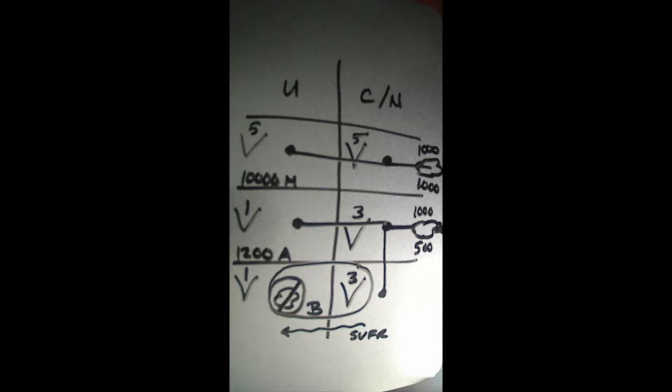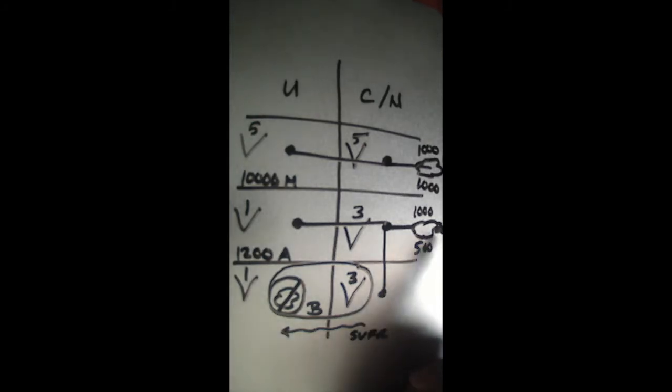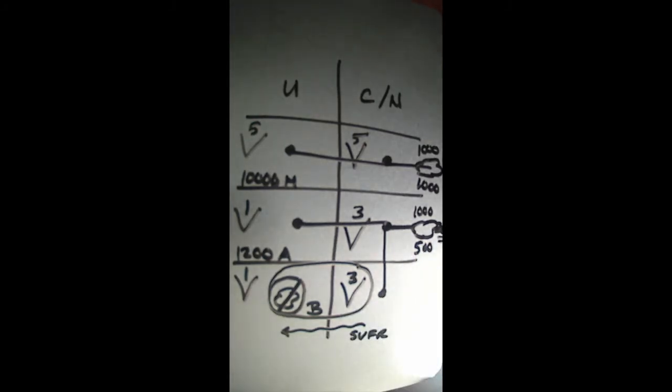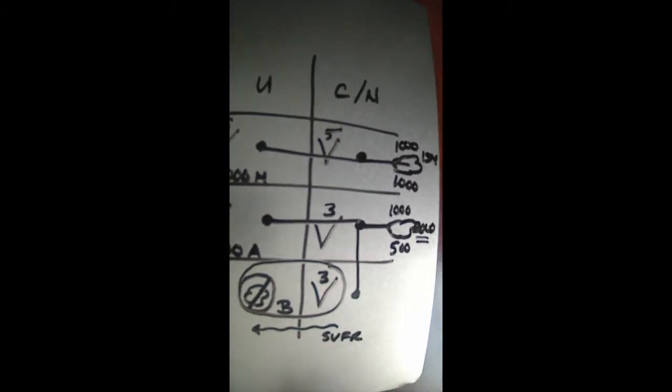I'm a visual type person, and if I can picture this rather than trying to remember all of the individual bits that make up this rule, it's a lot easier for me. Now one other little tip is this 2,000 feet. I heard a tip once and I put it into practice.